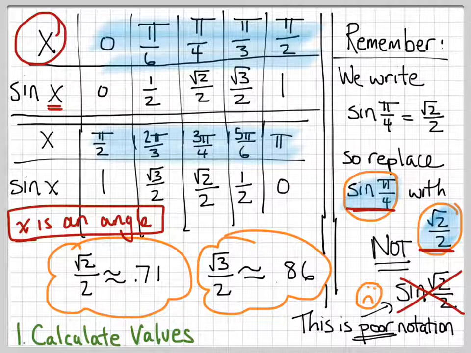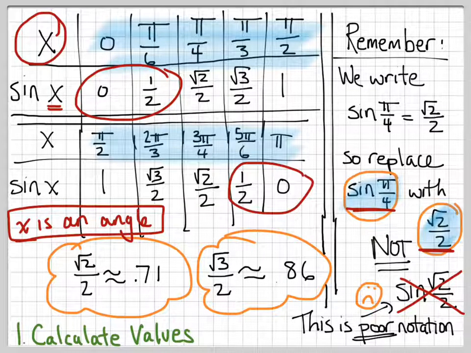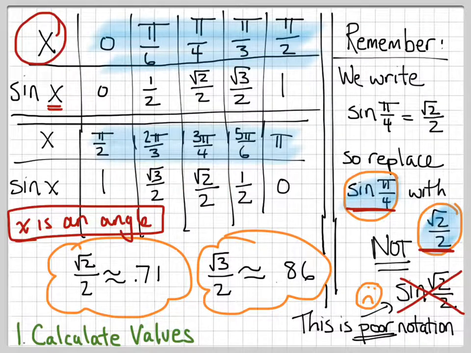The biggest jumps happen here and here. In just pi over 6, it jumps up 1/2 or jumps down 1/2. So it's going to be really steep there. And then here, it's just a jump of 0.14, which is way shorter. And this is a jump of 0.14, which is way shorter than the jumps of 1/2.